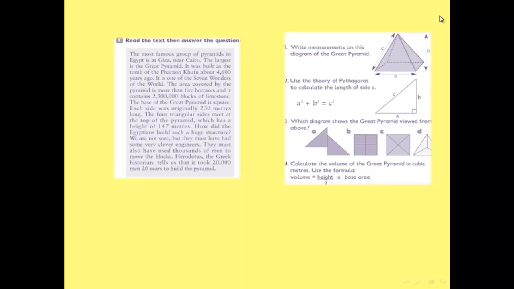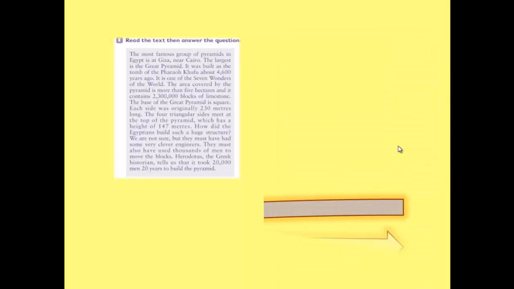Here we can see the shape number C. This is the base, and those triangles are the sides, and this is the top point. Finally, calculate the volume of the Great Pyramid in cubic meters. Use the formula volume equals height divided by 3 multiplied by base area. Now let's do the tasks.